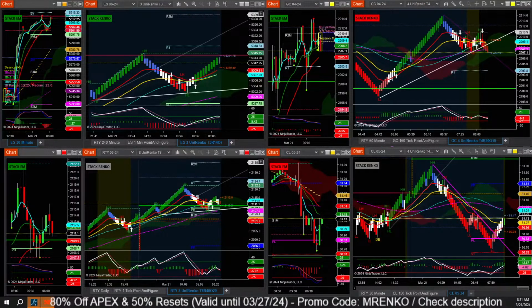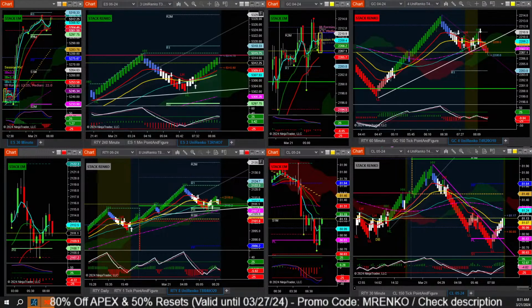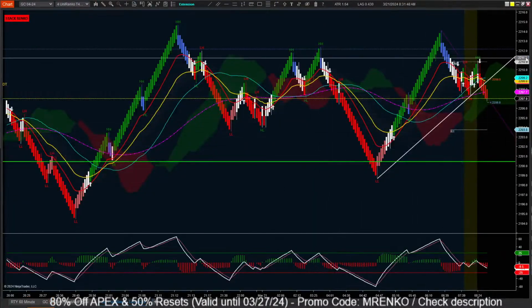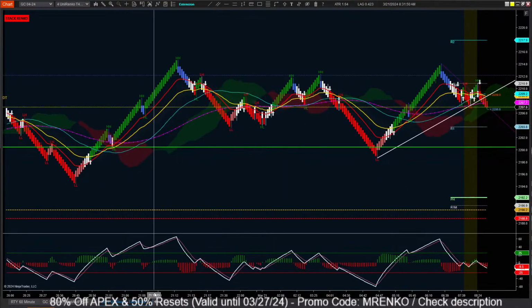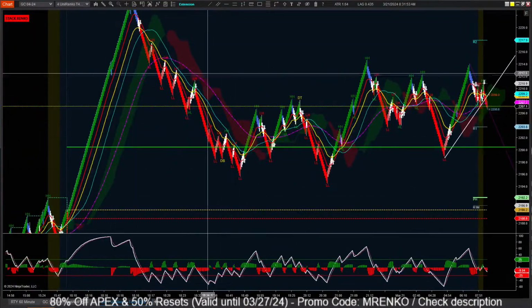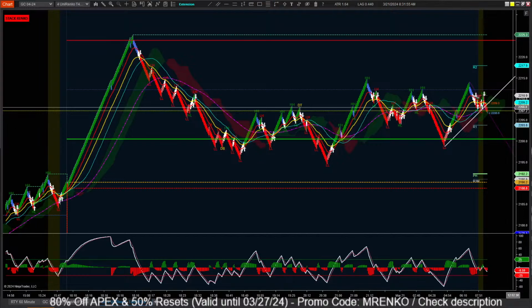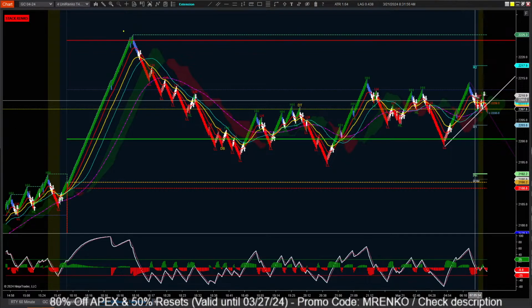Let's see, we do have a range here. So let's expand the gold a little bit and see the overnight price action. So after this big move here, look at this. We do have a significant pivot high and a significant pivot low.